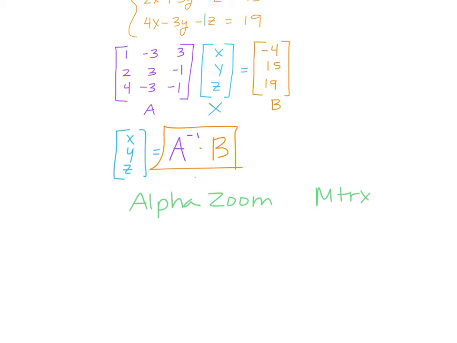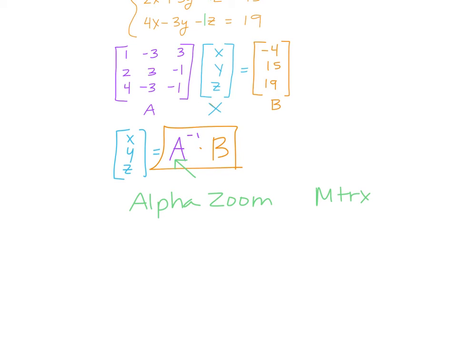We are doing the inverse of A, and A is a 3 by 3, so make sure you go to 3, and then arrow down, enter at 3 again, and then go to OK and hit enter, and it will give you a 3 by 3 on your calculator screen, and you're going to put in 1, and then arrow over, -3, arrow over, 3, arrow over again, 2, arrow over, 3, arrow over, -1. Put all those numbers in, 4, -3, -1.